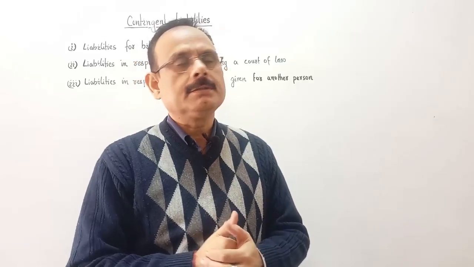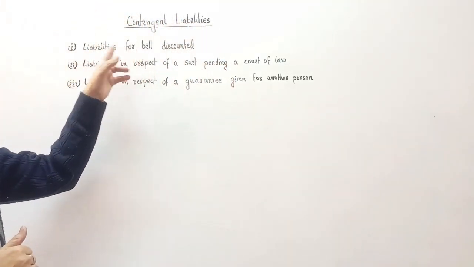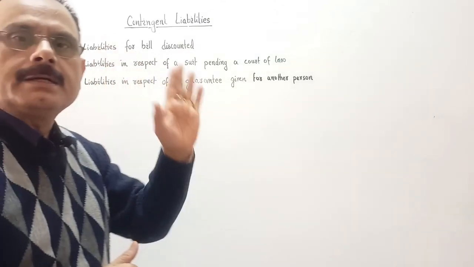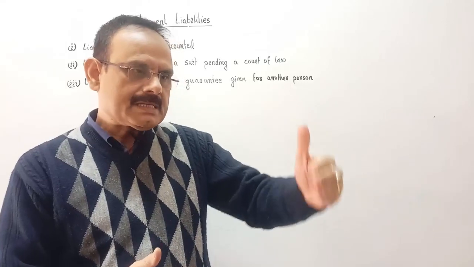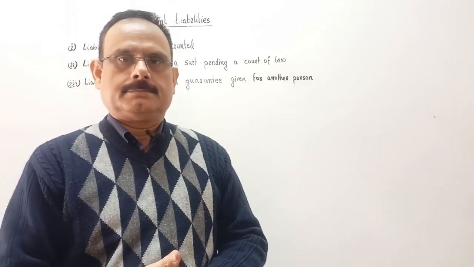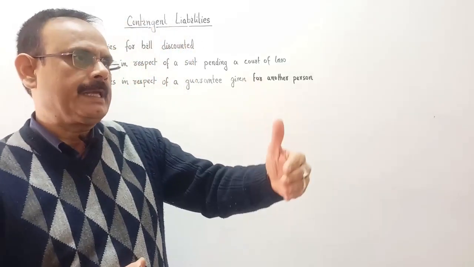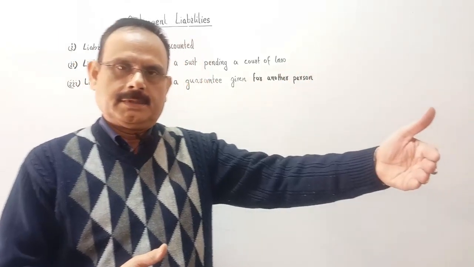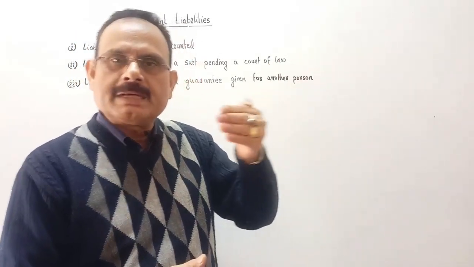For example, number one, liabilities for bills discounted. Suppose the business has discounted the bill from the bank. Business has discounted the bill from his banker. So entry is bank account debit, discount account debit, to bills receivable.